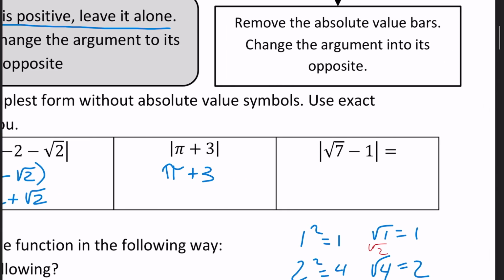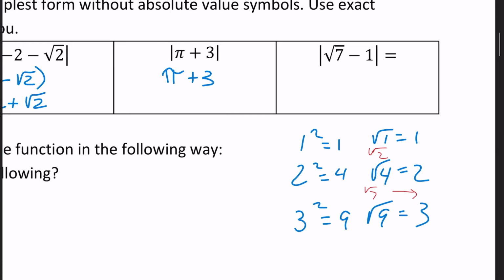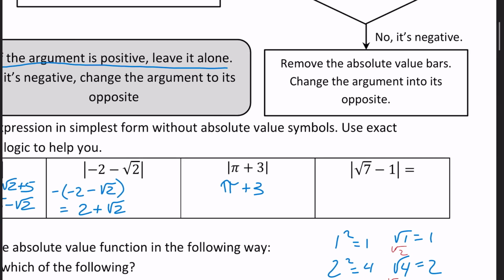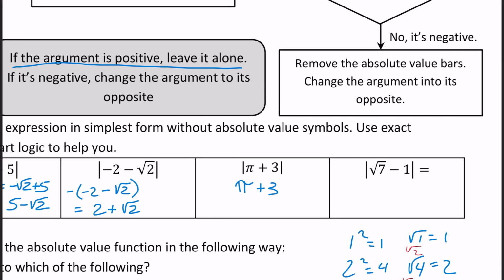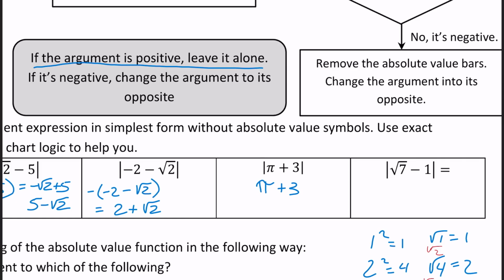This last problem, square root of 7 minus 1. Notice again, I'm convinced that square root of 7 is bigger than 2, smaller than 3. So if I take 1 away from it, it's still a positive. So a freshman mistake, an 8th grader mistake, would be to change the minus 1 to a plus 1, and it would just be a total mistake.